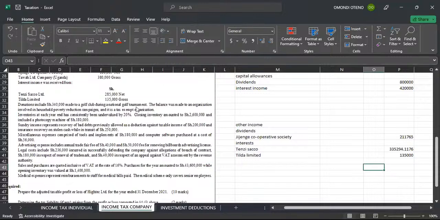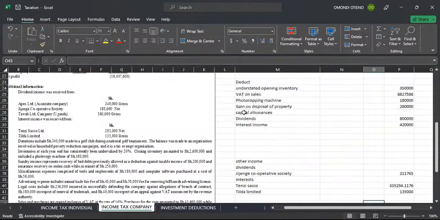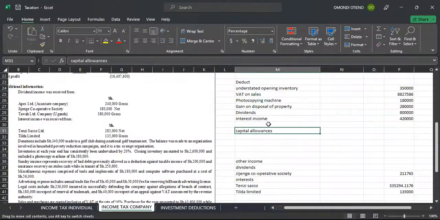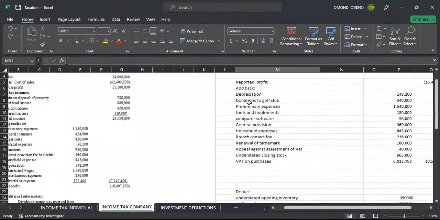So once that is taken care of, there's an item which is remaining, that is capital allowances. Sasa tunakuja kuziweka hapa. The capital allowances. Let's put them here and list the assets which are going to qualify for the capital allowances. So the capital allowances, the assets which we were deducting, or the assets which we were adding back. So if you come to this section here, tulikuwa na assets ngapi?